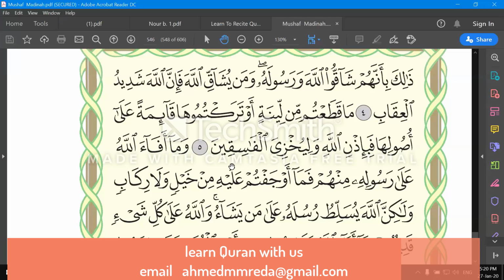فبإذن الله وليخزي الفاسقين. See this ayah, بارك الله فيك. ما قطعتم. ما is normal mad twice, no more. Can you tell me why? Because mad letter is not followed by sakin or hamza.